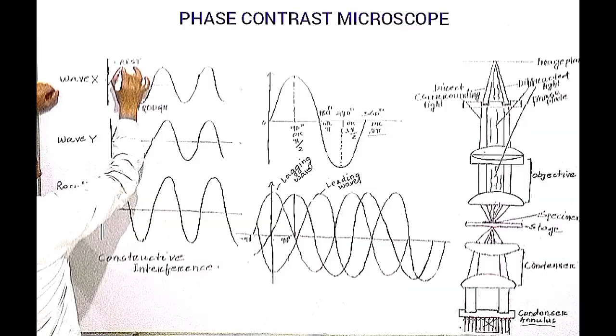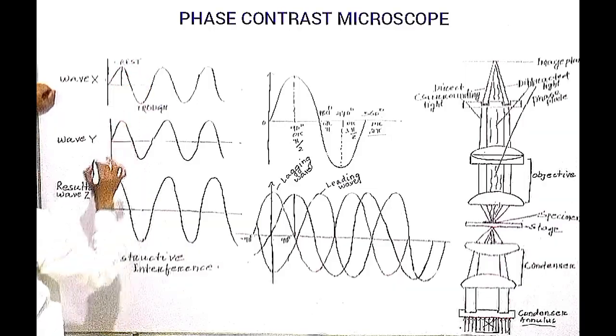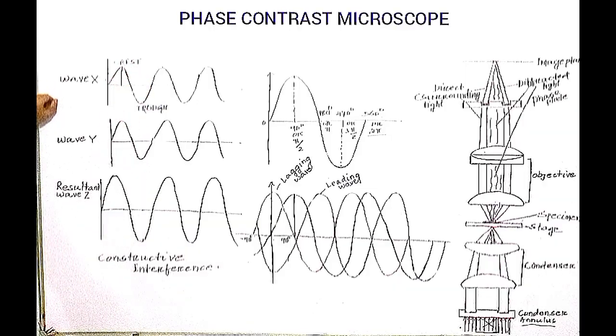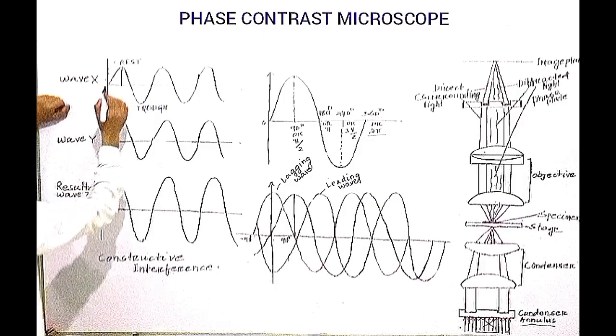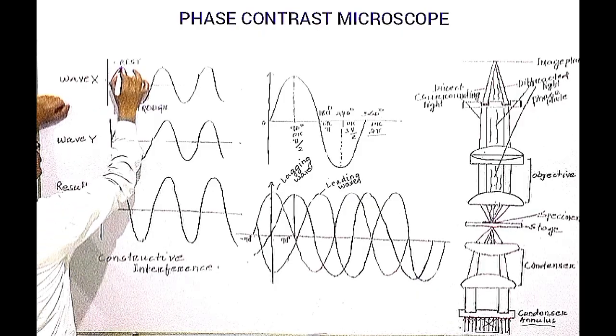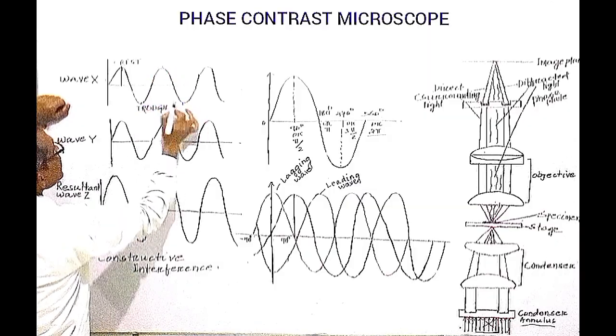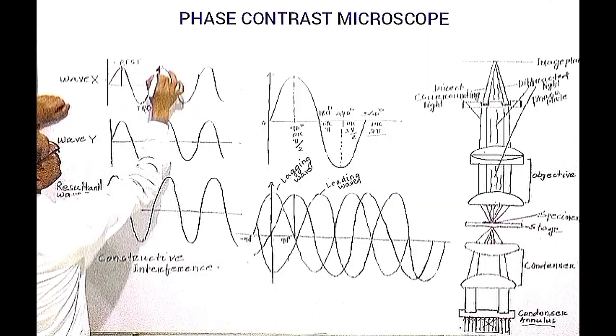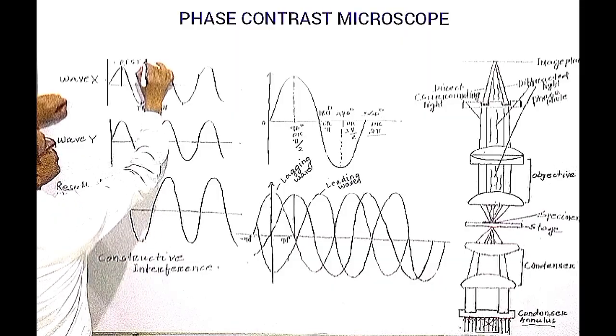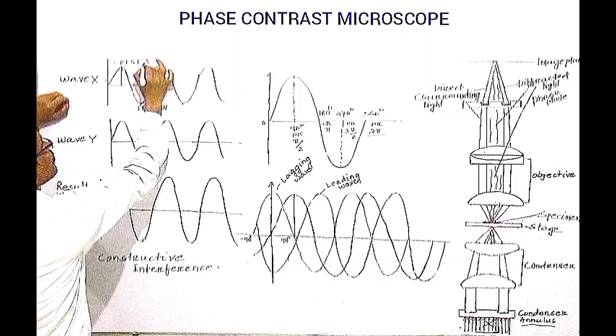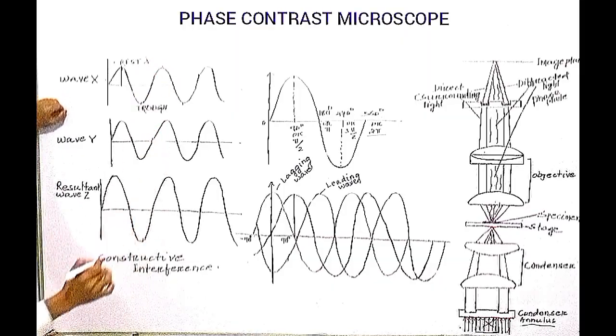This height is known as the amplitude. You know that amplitude determines intensity and brightness, and the distance between two adjacent crests or between two adjacent troughs is known as wavelength, which is designated by the symbol lambda.